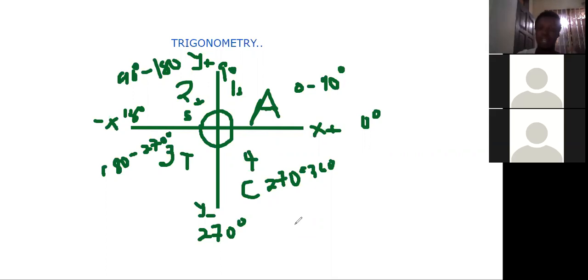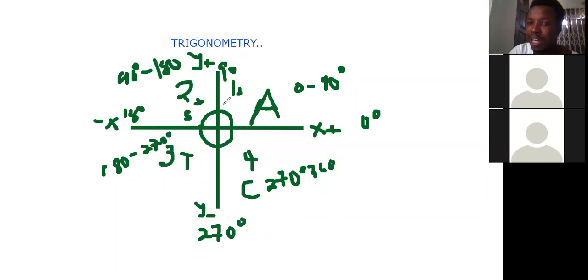So now let's assign some formulas to this. Bear with me that when we talk of acute angles, we are saying 0 to 90. But normally acute angles are the angles which are formed with the horizontal.